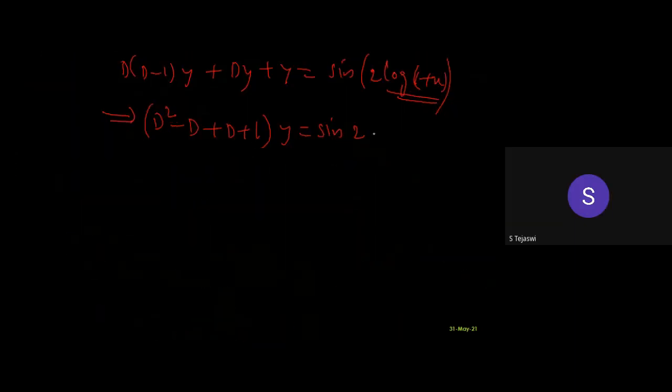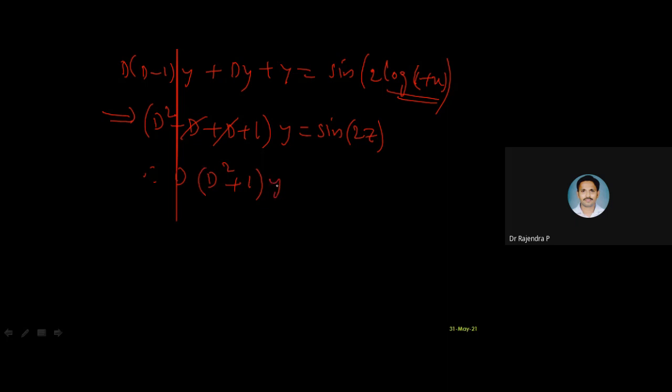Z. So I can substitute in this way also if you want. So finally, d square minus d plus d will be cancelled. D square plus 1 into y, which is equal to sine 2z.